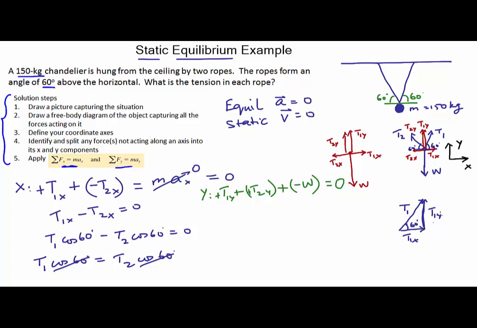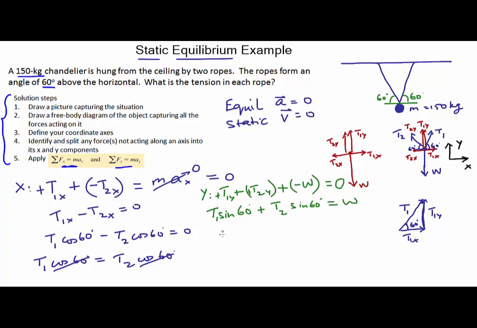And from this triangle, because T1y is the opposite to this angle, I will get T1y as T1 times sine of 60 degrees, plus same thing for T2, it'll be T2 times sine of 60 degrees equals W. I've added W to both sides to move it over to the other side.